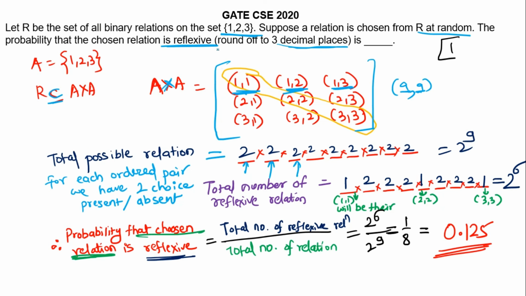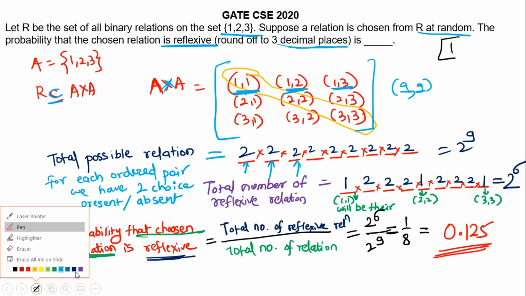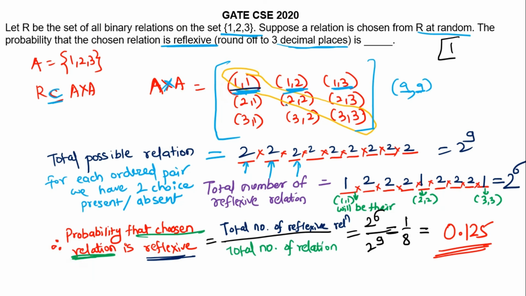Next, we have to choose a relation which is reflexive. Now the total number of relations which are reflexive: your relation is reflexive when you have these 3 terms, this term and this term, they should be there. In that case your relation will be a reflexive relation. Means for this particular place you have only one possibility, that is present. You cannot consider the absent choice.